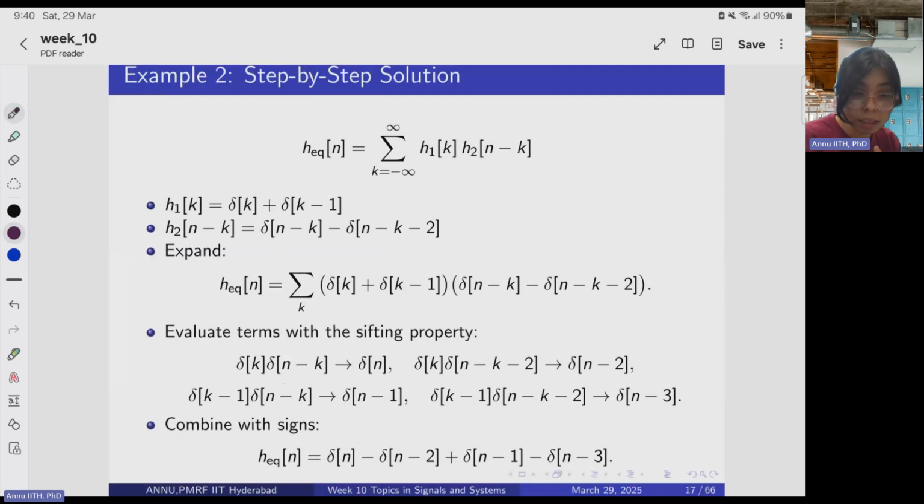If we expand it and evaluate the terms with the shifting property, and combine with the signs, the final h[n] is nothing but delta[n] minus delta[n minus 2] plus delta[n minus 1] minus delta[n minus 3].